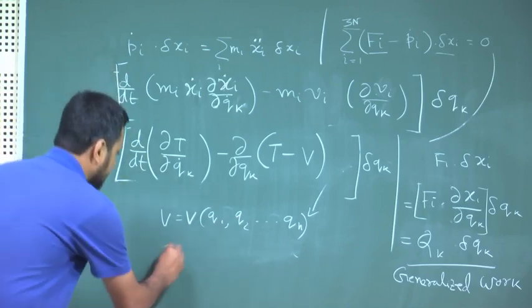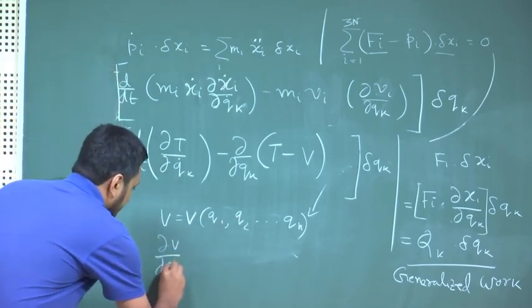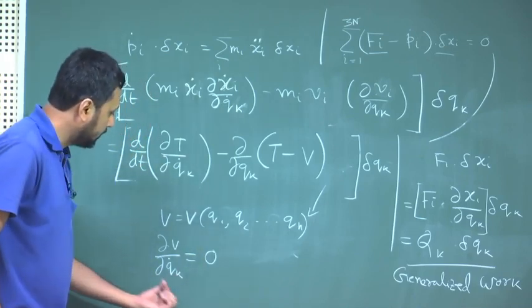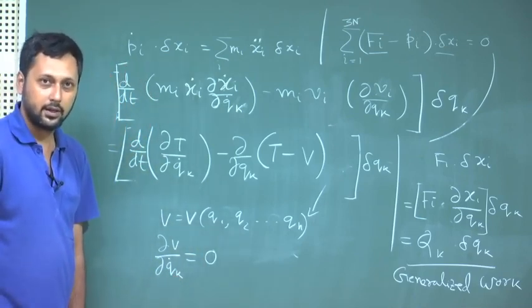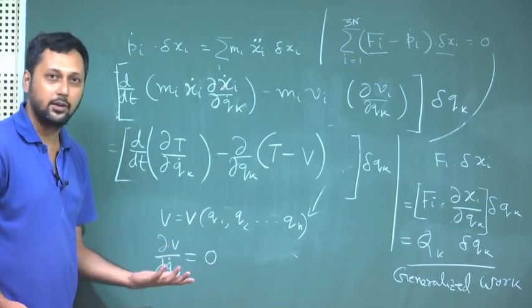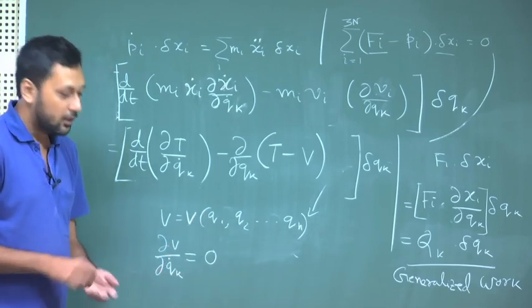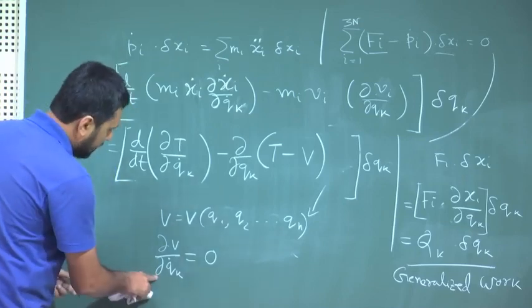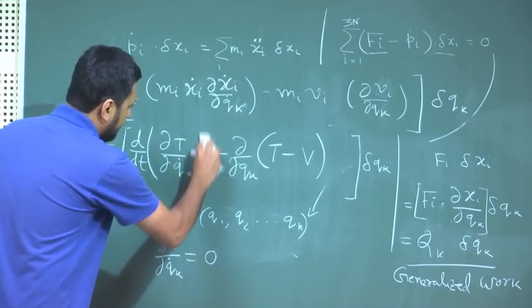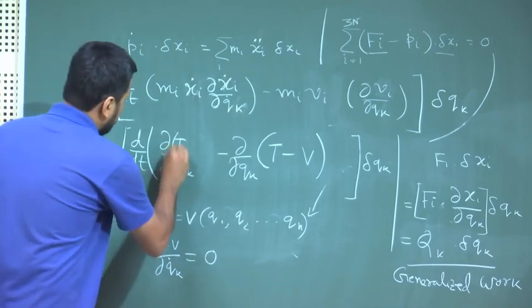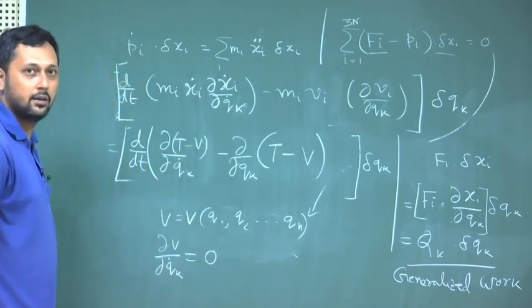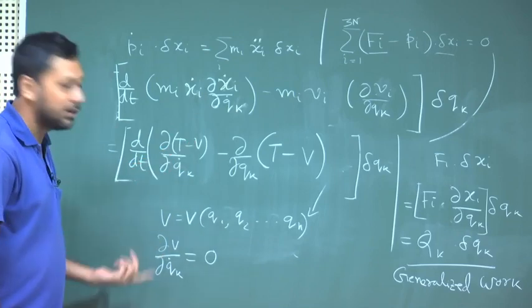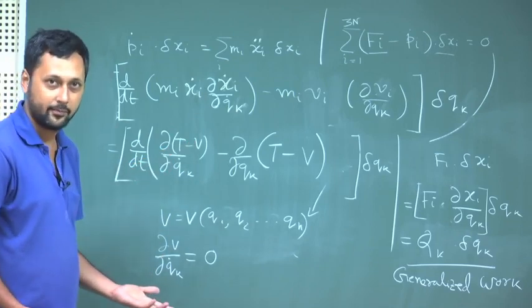If this is the case, then del V del qk dot will be equal to 0 for all k's, is it not? Because it is not a function of velocity, so the partial derivative will vanish. So, without losing any generality, we can use this property, and instead of T here we can also write T minus V. It is totally justified because del V del qk dot will be equal to 0 anyway.